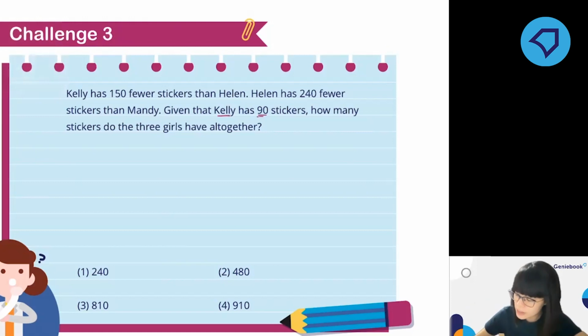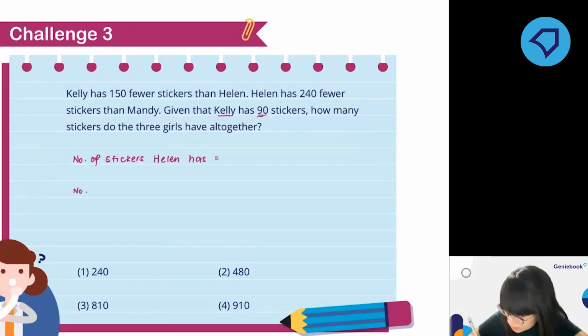So the first thing that you need to do is to find the number of stickers Helen has. Okay, after you find how many Helen has, you need to find the number of stickers Mandy has.